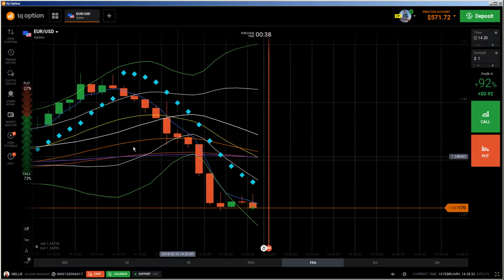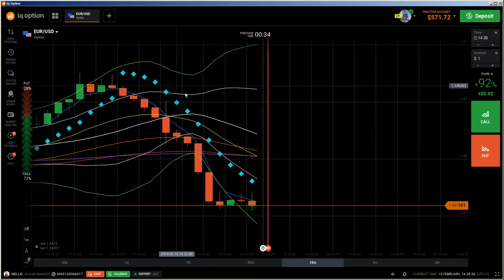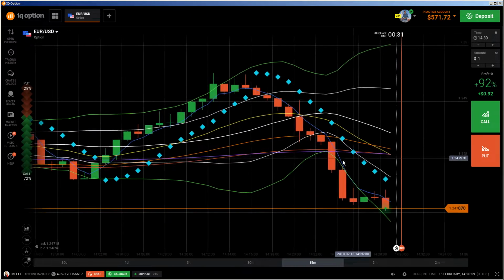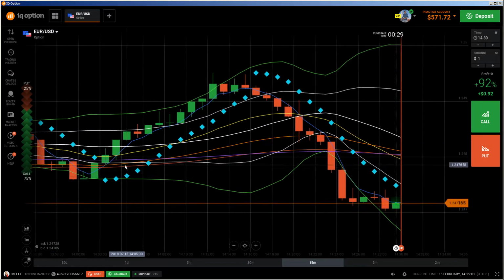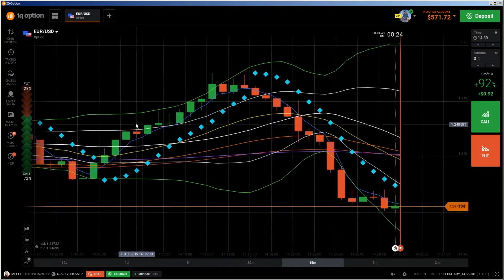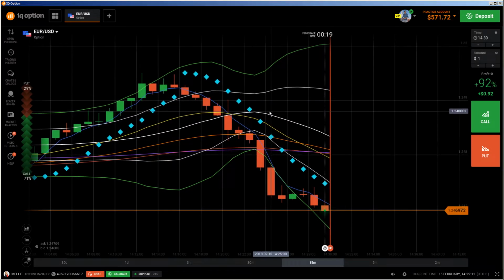You see the EMAs were flat. So if you have something like this on the parabolic SAR and the EMAs are flat, you can do a lot of trades here. Here also the EMAs are flat and you have the parabolic SAR, which indicates you would do a lot of in the money. By the way, sometimes out of the money, yes, but almost in the money.